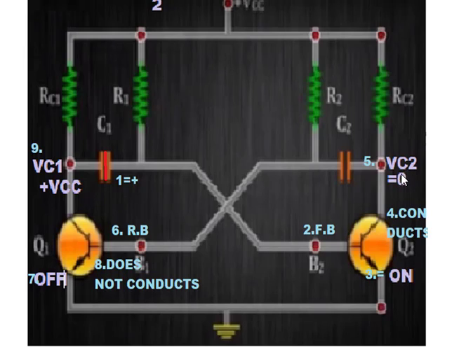So the voltage here alternately changes between high and low, again high and then low, with a time constant, with a delay. The time constant depends upon the value of the resistor and the capacitor.